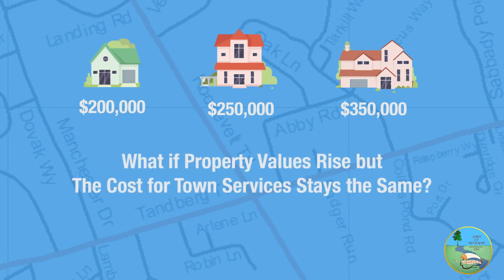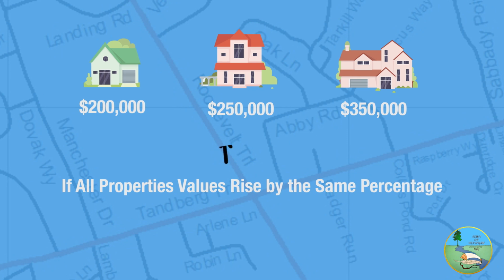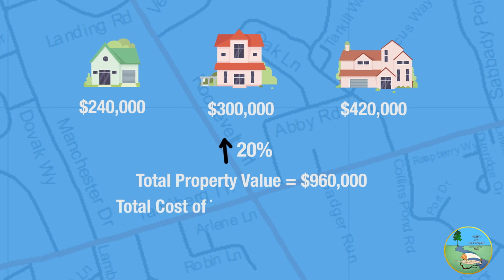Now, what happens if property values rise, but the cost of town services stays the same? If our property values rise by the same percentage, say 20%, you can see that each house's value goes up, and the combined total value goes from $800,000 to $960,000, while the town services remain at $12,000.